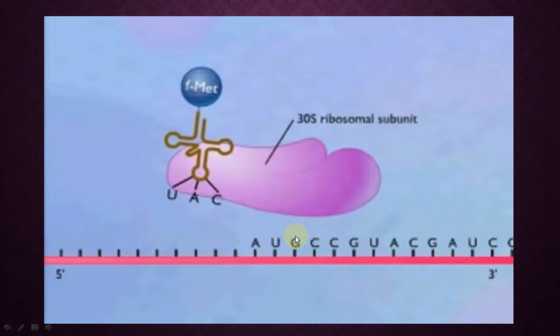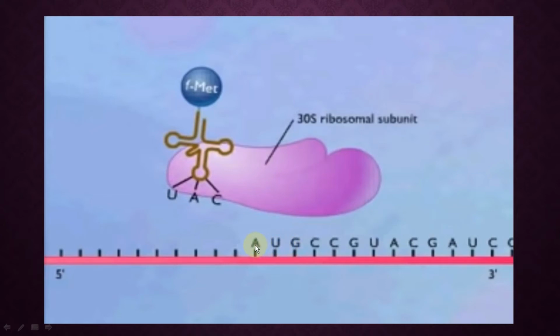Simultaneously, as the ribosome is attaching, the first codon is AUG, so out of many tRNA complexes, the one that is complementary comes.